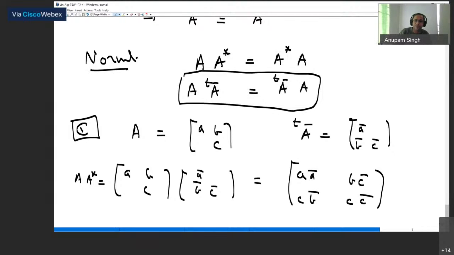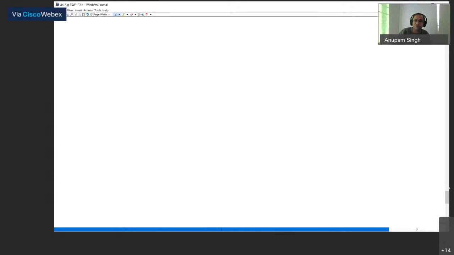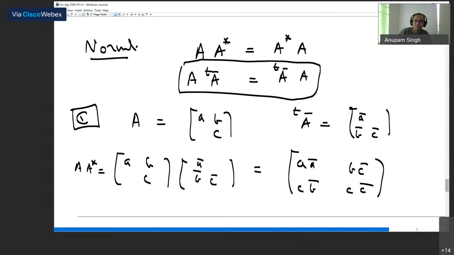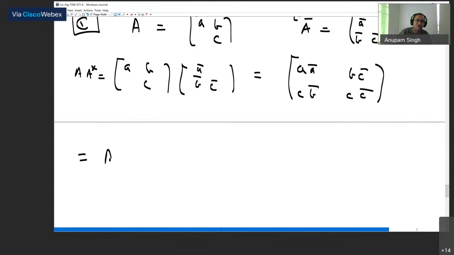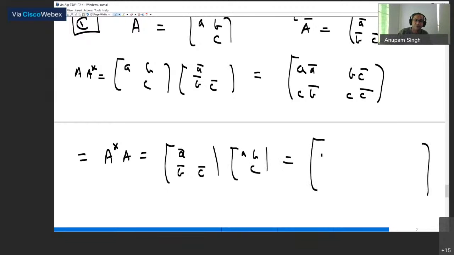This is supposed to be equal to A star A. A star A would be a bar, 0, b bar, c bar multiplied by a, b, 0, c, which gives a bar a, a bar b, b bar a, b bar b plus c bar c.